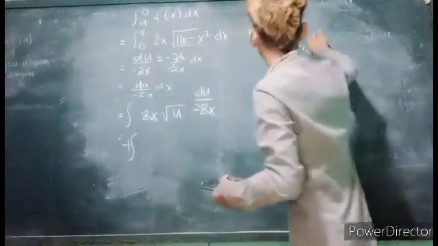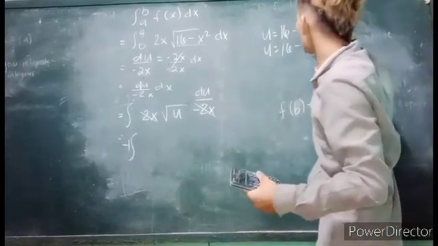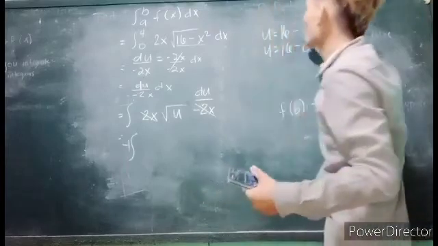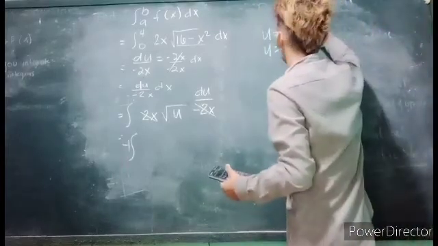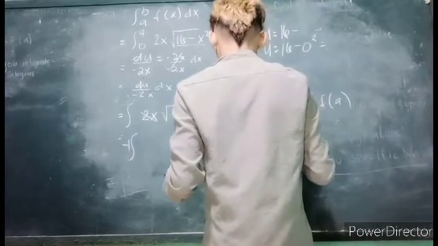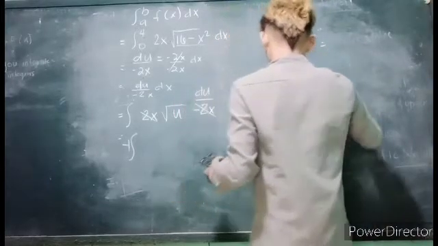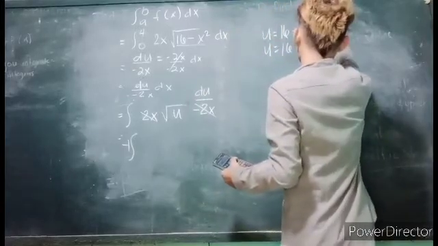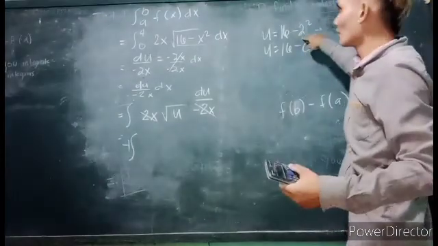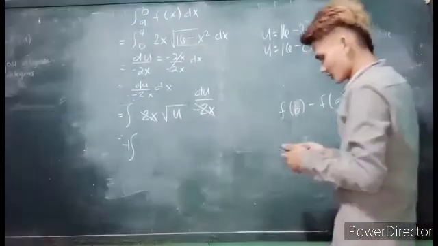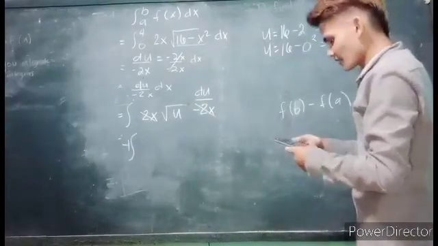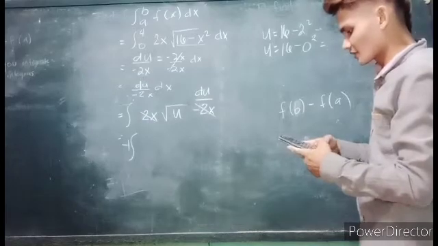So 2 times 2 equals 4. 16 minus 4 equals 12.